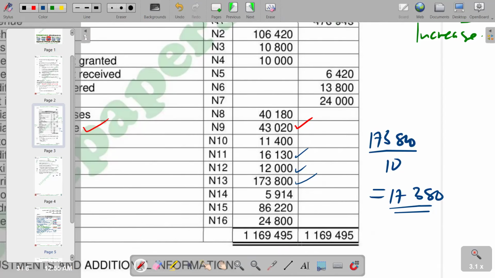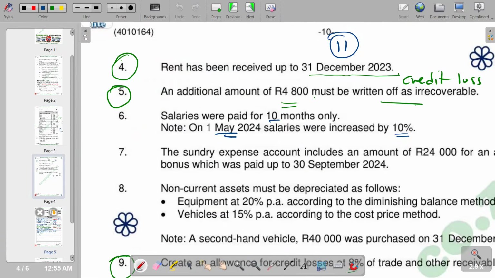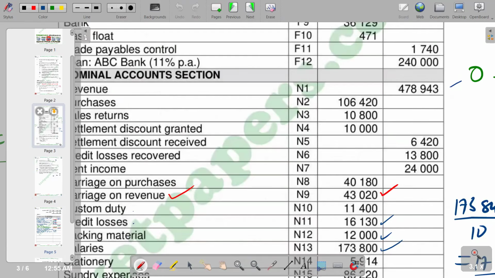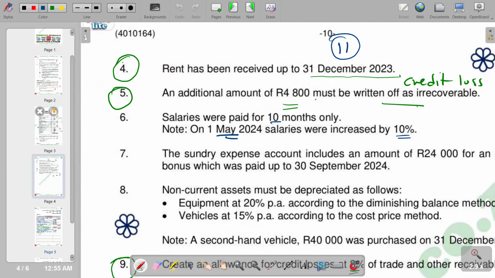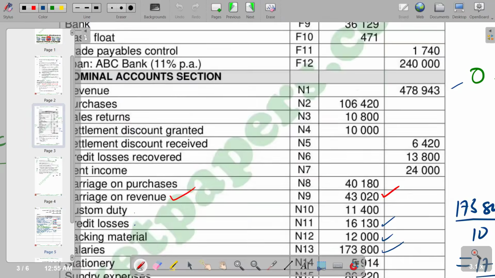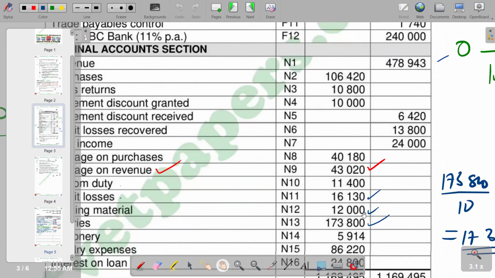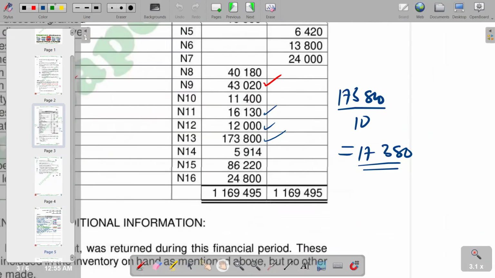So what we are going to do now is multiply 17,380 by the increase that was effected in May, which is 10%. 17,380 is supposed to increase by 10%.